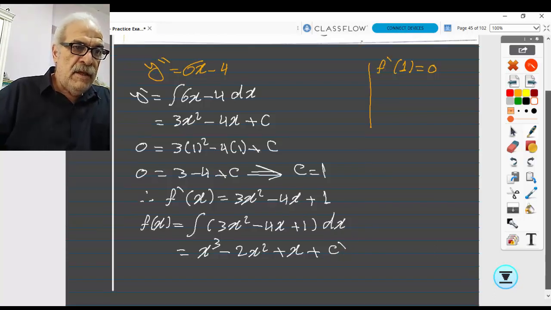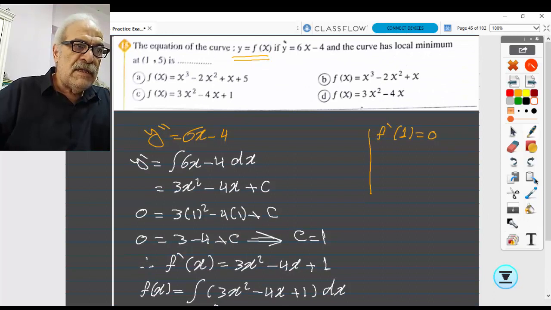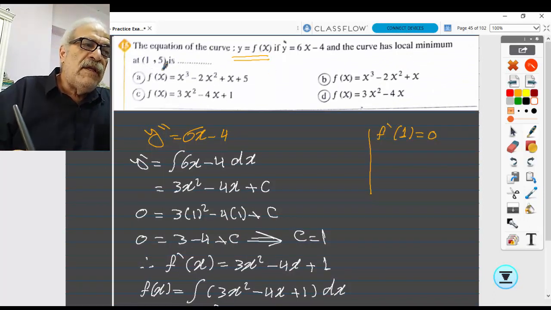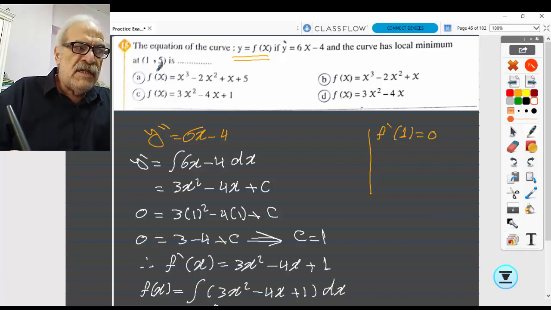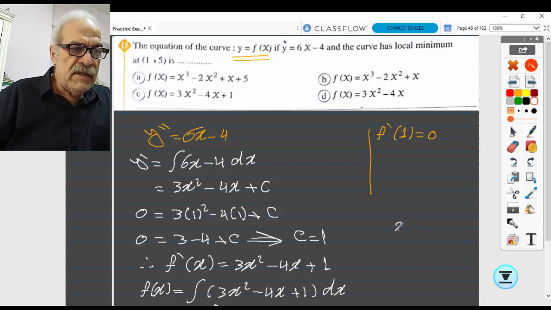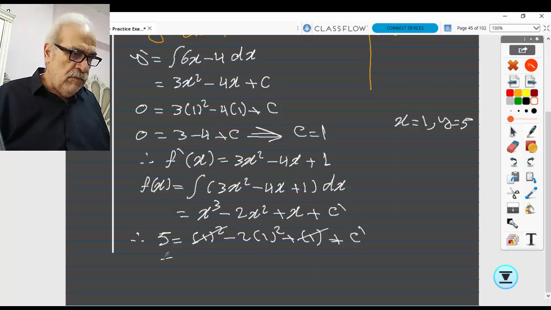Okay, now we know that there is a local minimum point at the point (1, 5). So it means the curve passes through the point (1, 5). When x equals 1, then y equals 5. We will use it to get c dash. So 5 equals 1 plus 1 minus 2 equals 0, plus c dash.